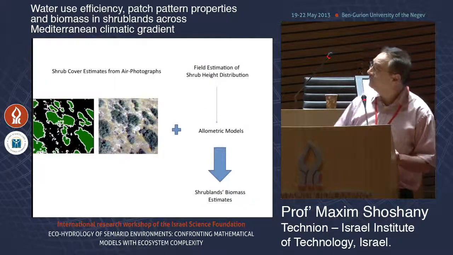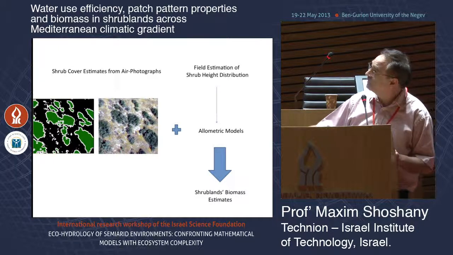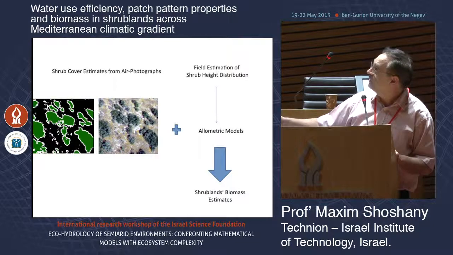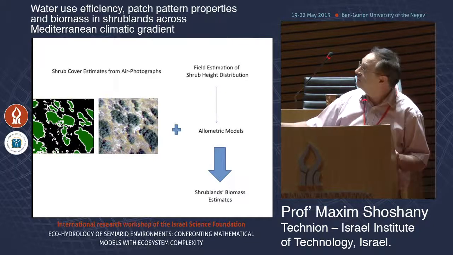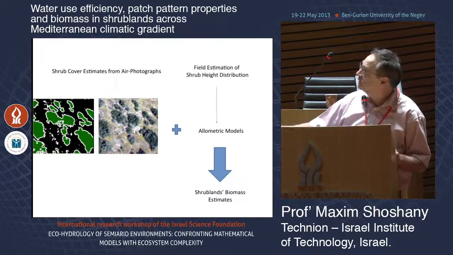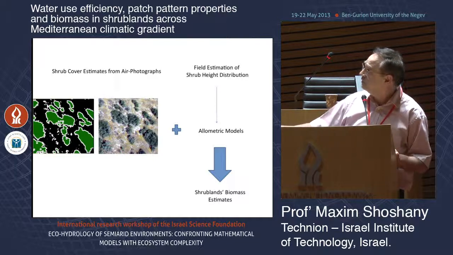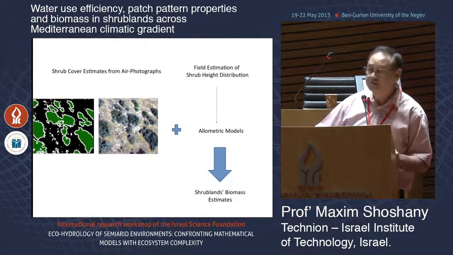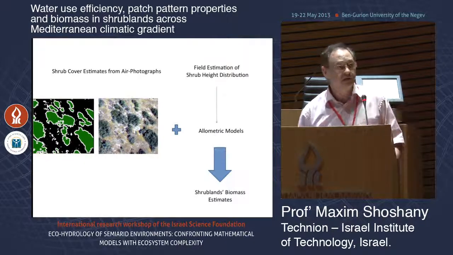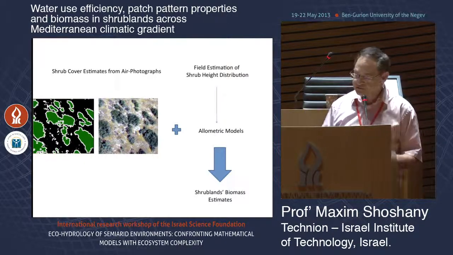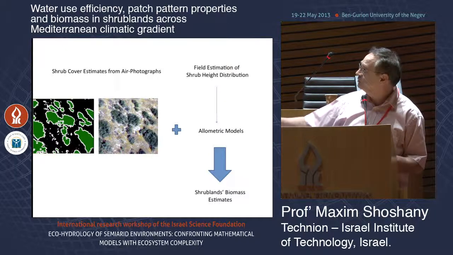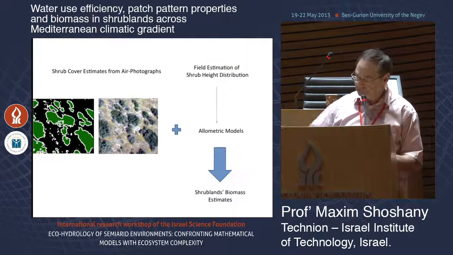And so now we have the air photography, we have the edge quantification, then we can calculate using allometric measurements. From the information that we gather from the air photography plus the height that we gather from the field for these sites, we can derive the shrublands biomass estimate.